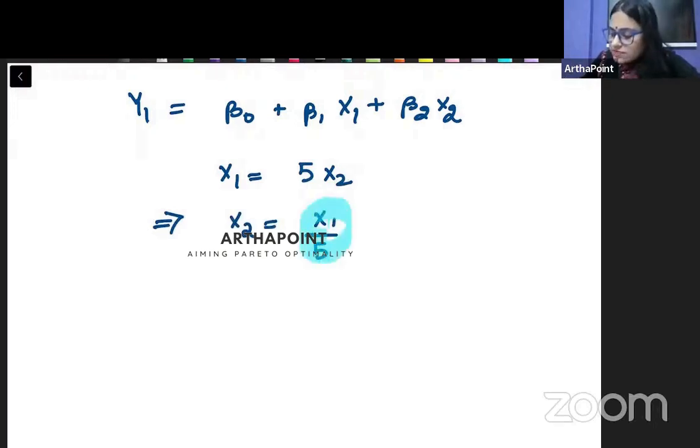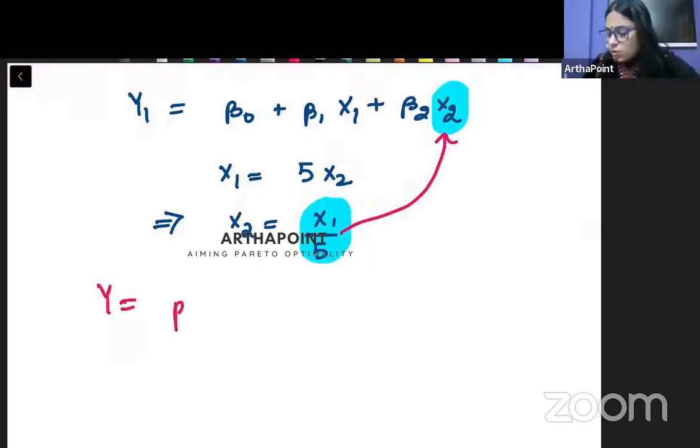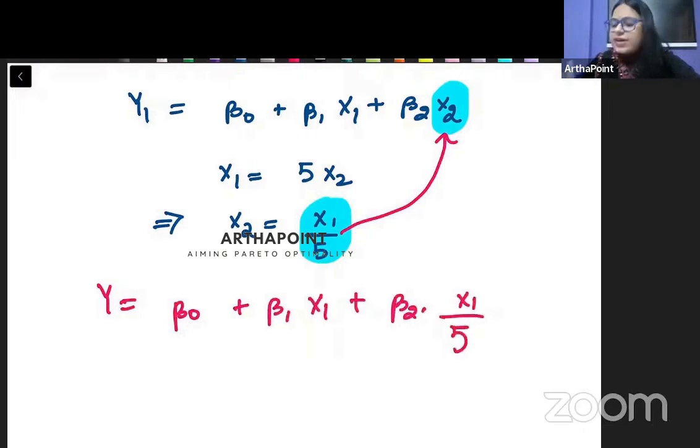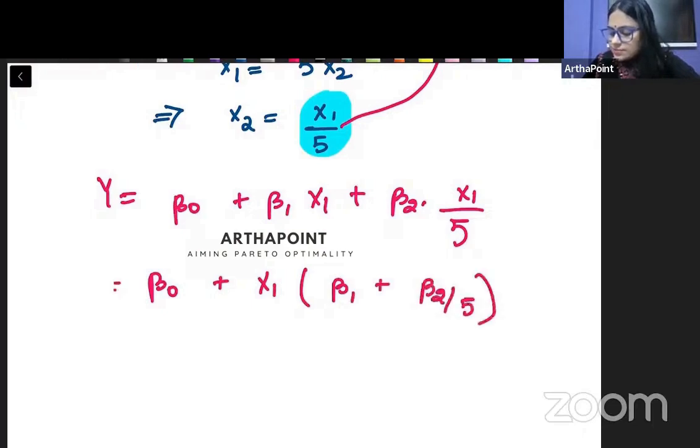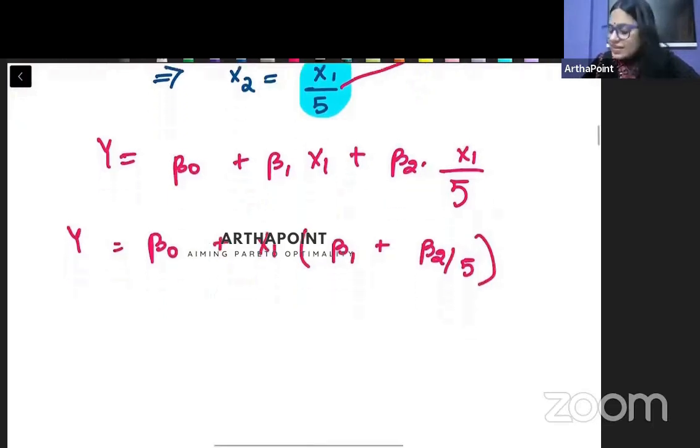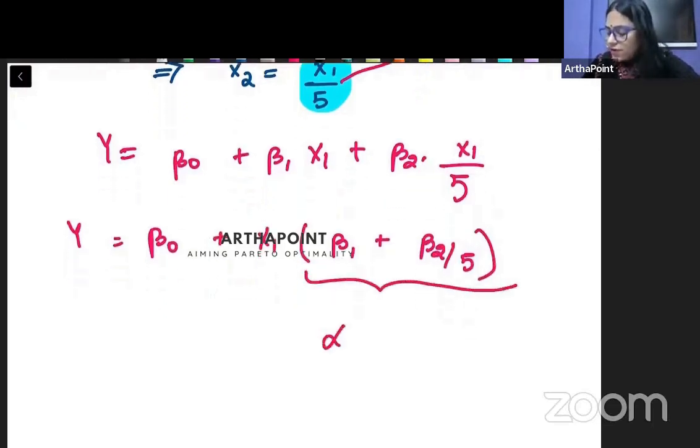If I plug this value of x2 here, अगर मैं इस वैल्यू को यहां प्लग इन कर देती हूं, I will get y is equal to beta naught plus beta 1 x1 plus beta 2 x1 divided by 5. If I take x1 common, यहां से अगर हम x1 common ले लेंगे, I will get this. I can just write this as some alpha.